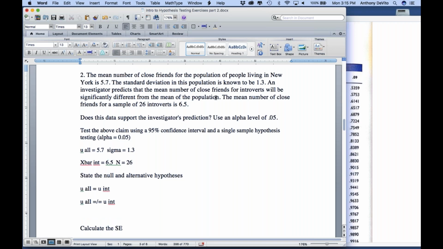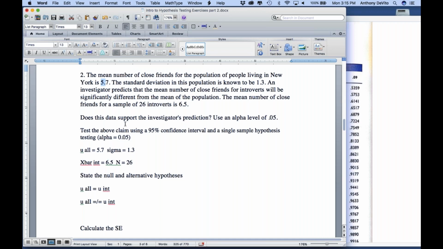The mean of the population of all people, is the introverts' mean significantly different than the mean of the population? In other words, significantly different than 5.7. For the introverts, it's going to be different than 5.7.